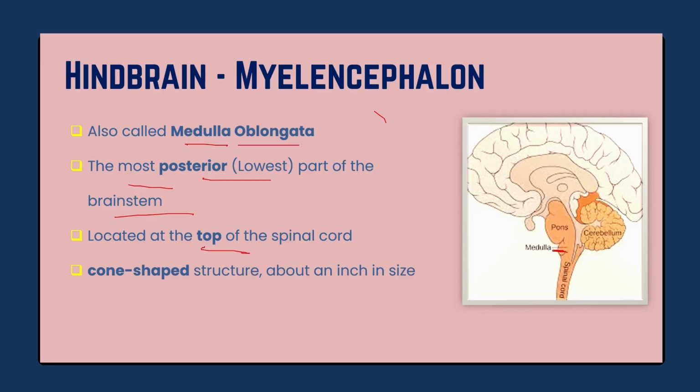So from here the spinal cord starts. So this connects what? The rest of the brain to the spinal cord. Top of the spinal cord and lowest part of the brainstem. It's a cone-shaped structure, you can see here, almost resembles a cone, and it is about an inch in size.